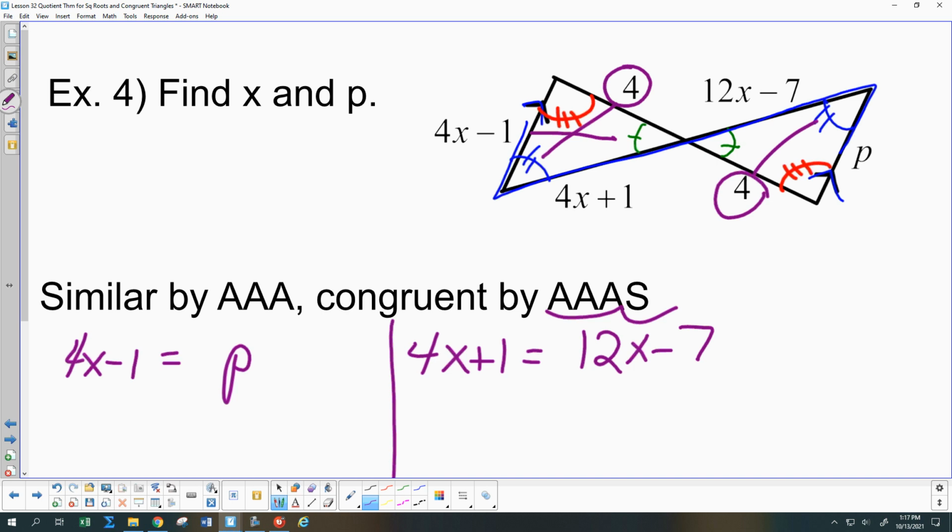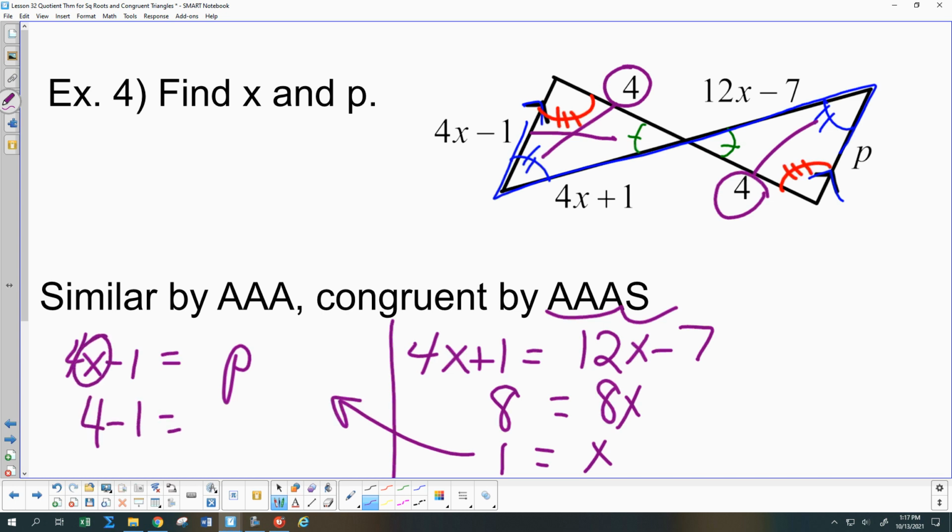And so everybody good? If we subtract 4x from both sides, we have 8x. If we add 7 to both sides, we have 8. So x is 1. And then if x is 1, we can get p. It's going to be 4 minus 1. So p is 3.